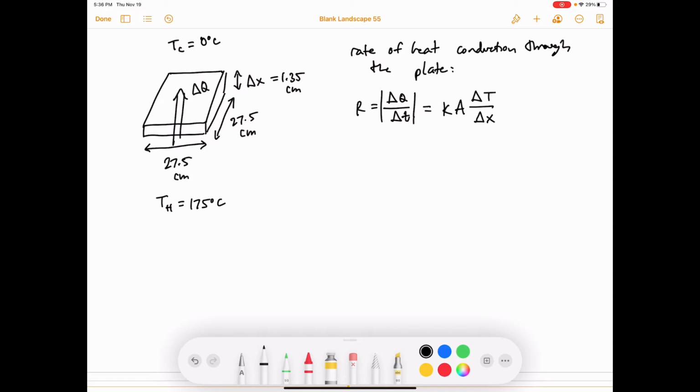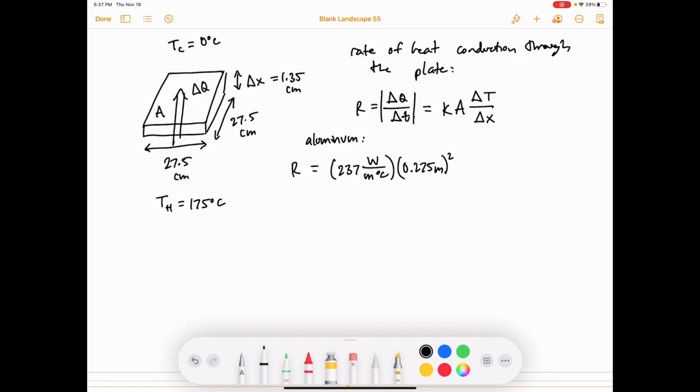So let's figure out what that is. Okay, assuming the plate is made out of aluminum, then this rate is going to be K, which for aluminum is 237 watts per meter per degree Celsius. A is the area of the plate, so it would be 0.275 meters squared, because it's a square area here.